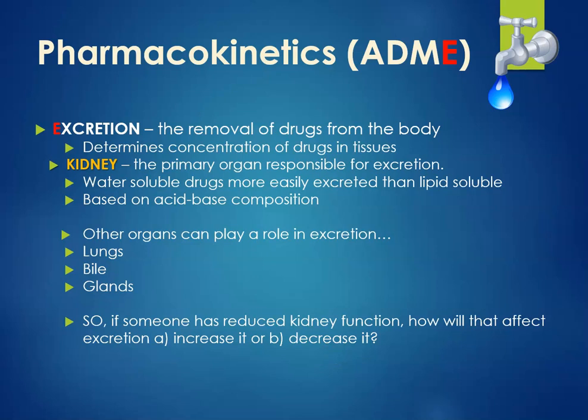The other organs that play a role is like the lungs. I know that sounds really strange, but when I was doing bone marrow transplants a long time ago, before you guys were ever born, bone marrow that is donated from one person to another sometimes was frozen, or the patient used their own bone marrow and it was frozen, and in order to freeze it, you had to put this preservative in called DMSO.